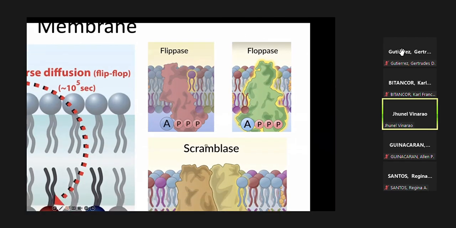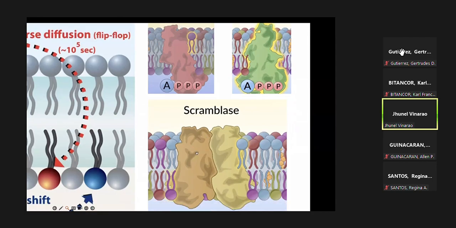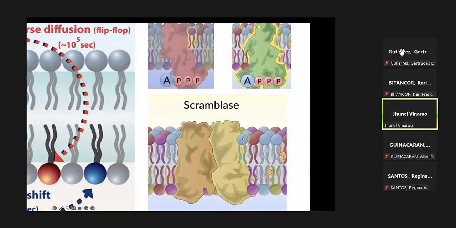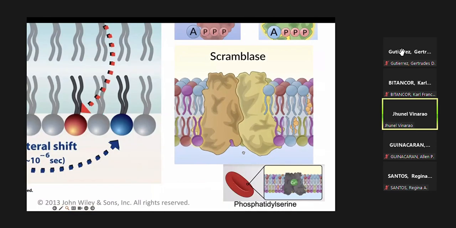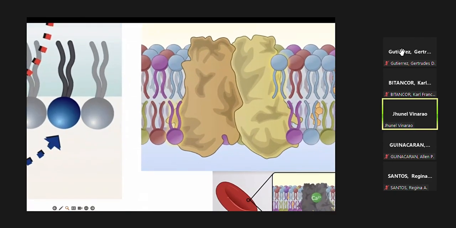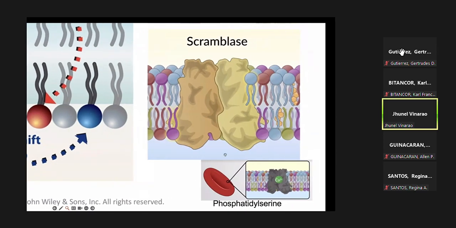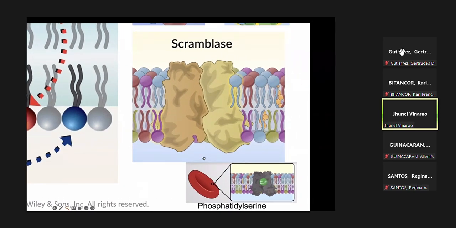Yung scramblase, yung ginagawa niya naman is it randomly moves the monolayer from cytosolic to non-cytosolic. So it decreases asymmetry naman yung scramblase. Okay? Random yung movement nito. And in the red blood cells, yung scramblase, they are actually inactive.